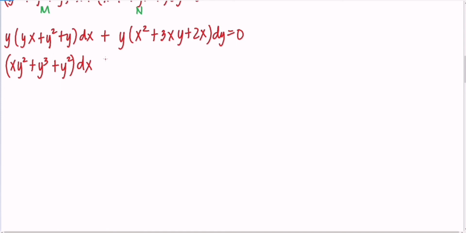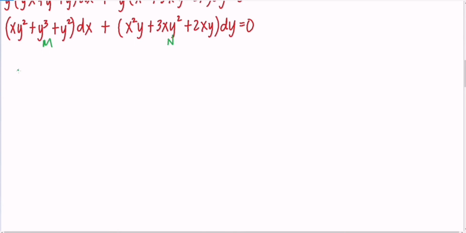Okay? And then, plus, so ito naman, y times x squared y. Y times 3xy is positive 3xy squared. And then, y times 2x is 2xy, dy equals 0. Ayan. Okay, so after that, meron na tayong bagong m. Ito na yon. Ito naman yung n. So, ganun pa rin, no? Okay, so try na natin kung exact na sila. Ayan, so partial derivative of m in terms of y.